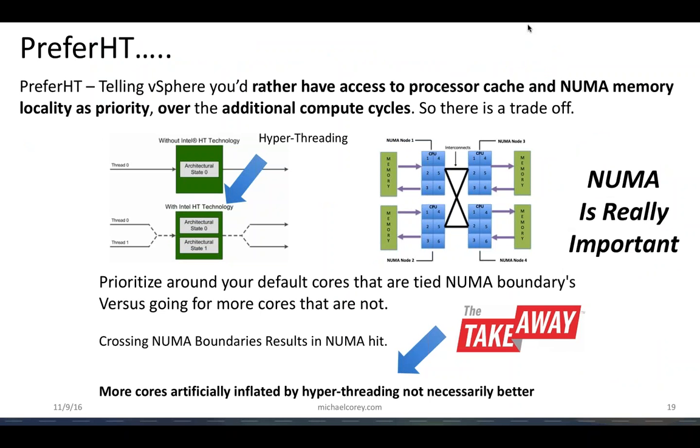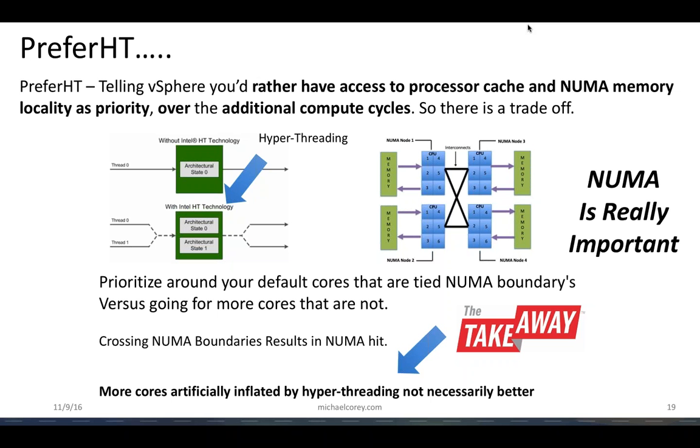Preferred HT is really interesting because what it does is it says you'd rather have access to the processor cache and NUMA memory locality as a priority over the additional compute cycles. What I would walk away from with this is just how important NUMA is.